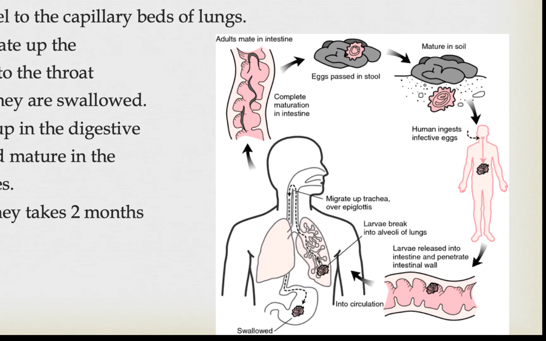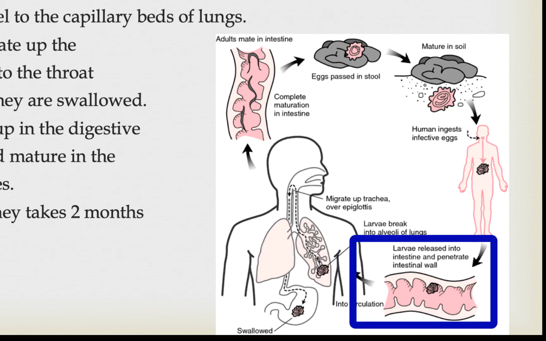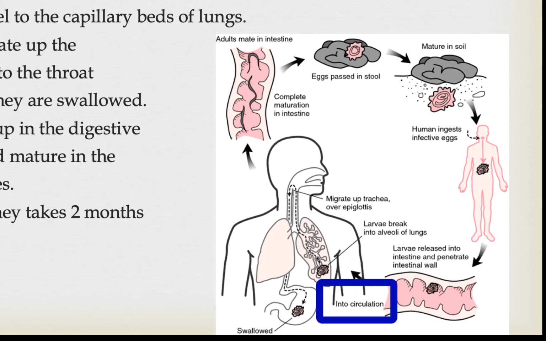A little about the life cycle. If you do ingest an egg, it grows into a juvenile that will then burrow through your intestinal system. Once it does that, it gets into your circulatory system and hitches a ride through the heart until it gets to the capillary beds of your lungs. It then crawls through the alveoli, the little grape-like sacs in your lungs, where the capillary beds are.